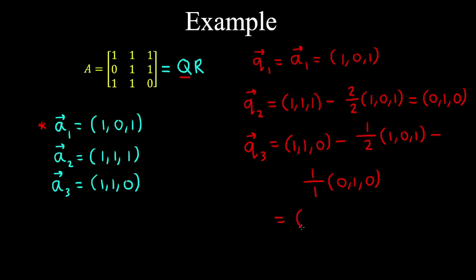Therefore, the first component of Q3 is 1 minus a half minus 0, which is a half. The second component is 1 minus 0 minus 1. And the third component is 0 minus a half minus 0. You can verify that all these vectors are orthogonal to each other by taking the inner product between them.